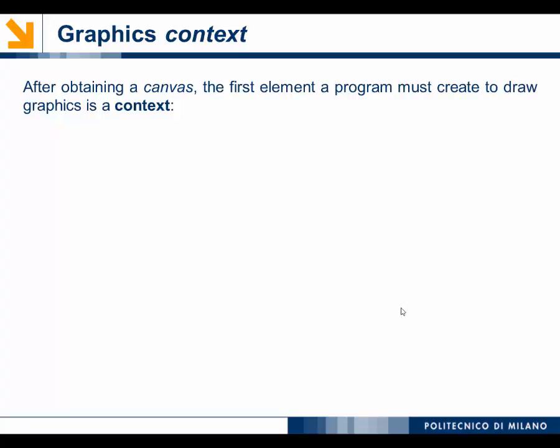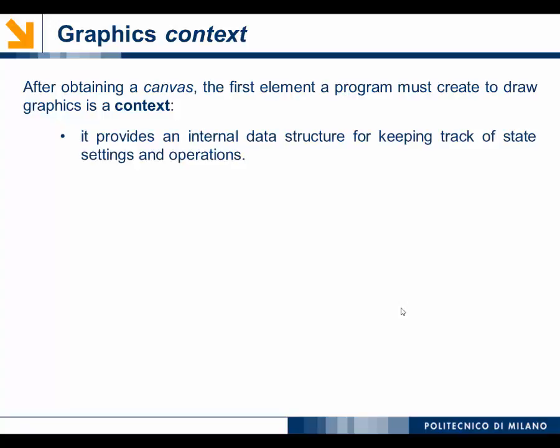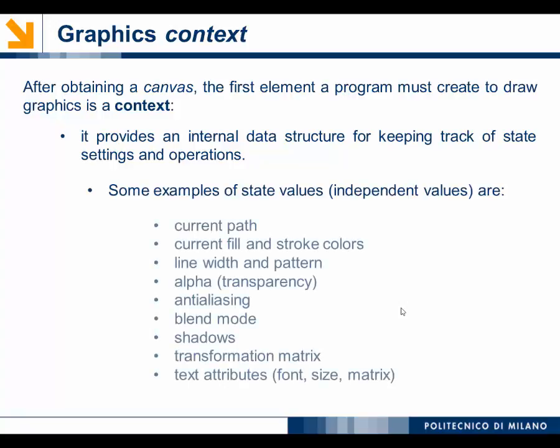Okay, after we obtain the canvas object, we have to create the context. The context is a data structure, basically, which keeps track of everything, all the operations, all the variables we set that we want to use inside that part of memory. There is a list of some examples of state values.